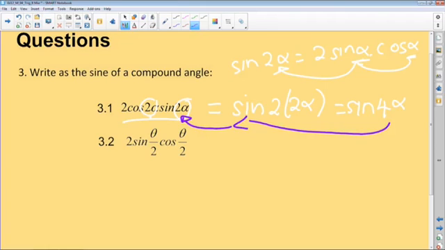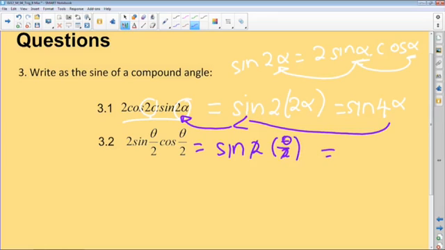Okay, similarly, 2 sine theta over 2 cos theta over 2, so using my expansion, it will be sine of 2 times the angle, which is theta over 2. So 2 times a half theta, because theta over 2 is really just a half theta.